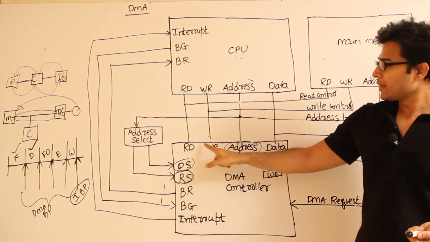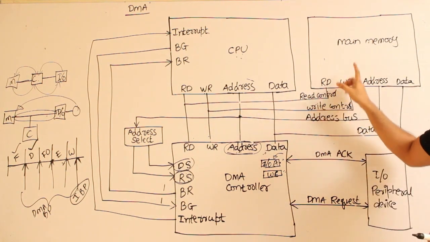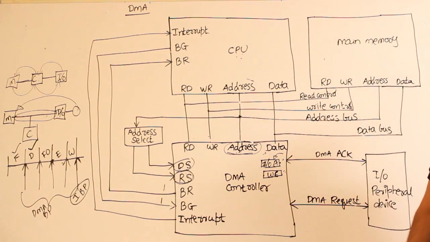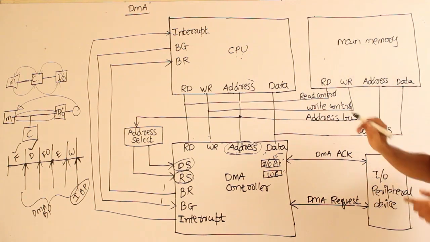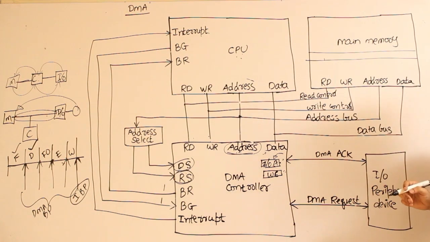At the same time, it will say write signal, which means you have to write something into the memory. So this particular word, let us say some word is selected and it is ready to be written, right? At the same time, the device is directly connected like this, data bus, right? So from the device directly main memory will be connected and the word will be written.